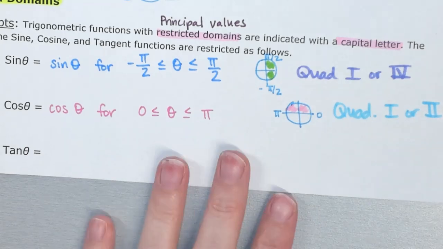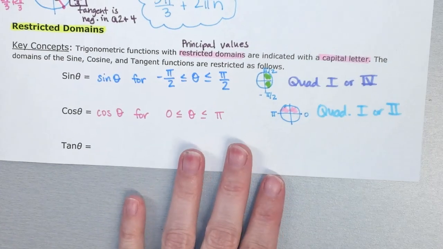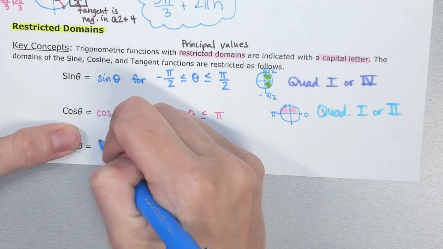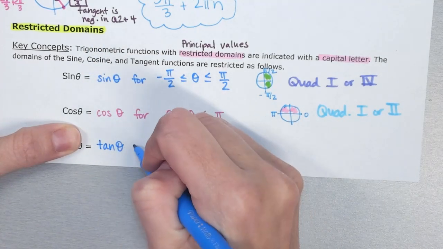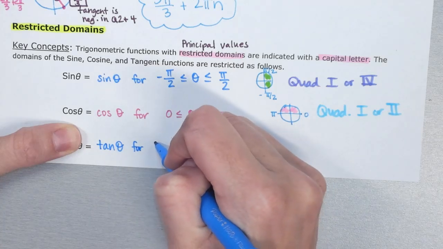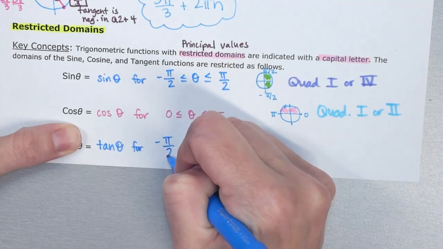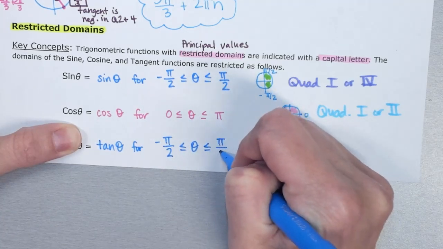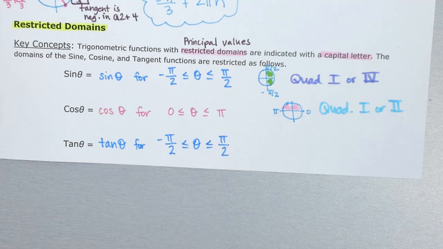Okay, and then the last one, our tangent, is going to be the same as the sine. So negative pi over 2 is less than or equal to theta, which is less than or equal to pi over 2.